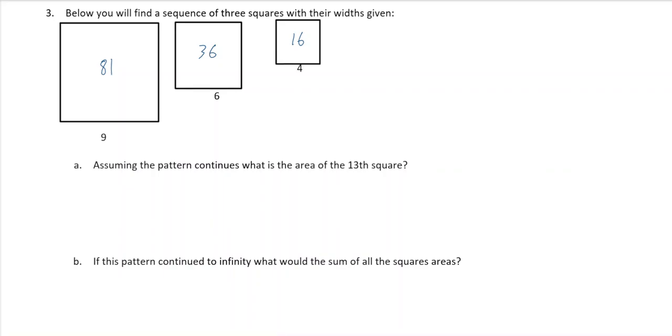There's actually 2 sets of patterns here. So either you can look at 81, 36, 16, and that would continue, or you can look at 9, 6, 4, and continue. So either one works just fine. Basically, we need to find the rate.